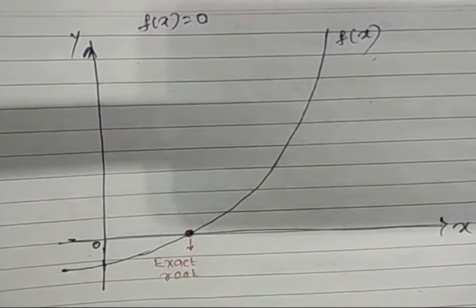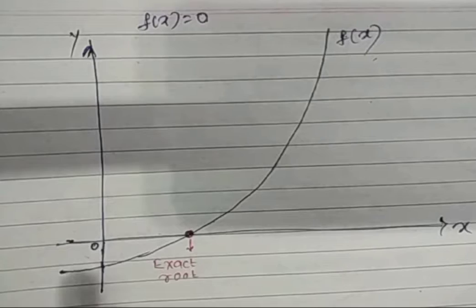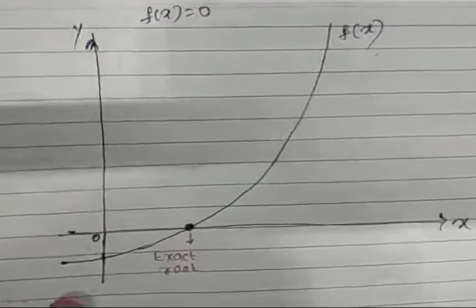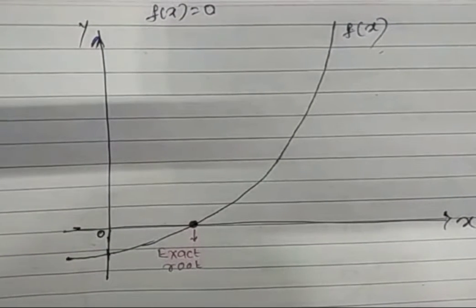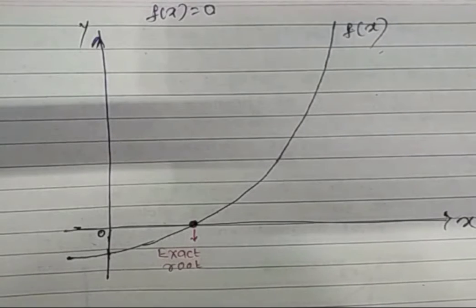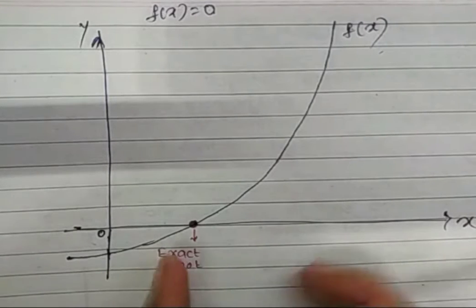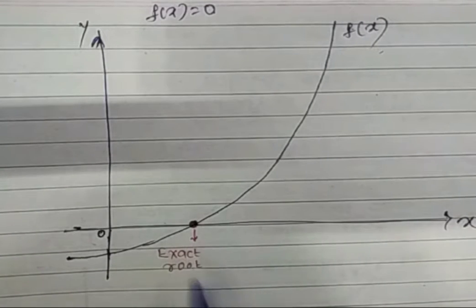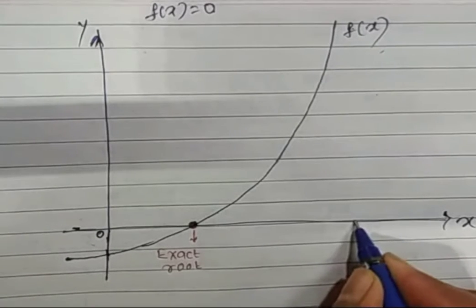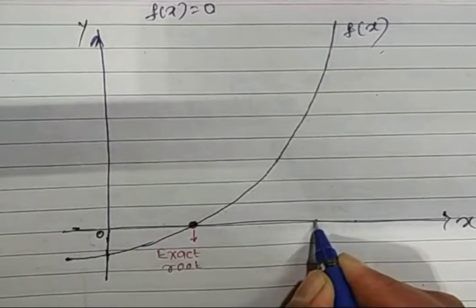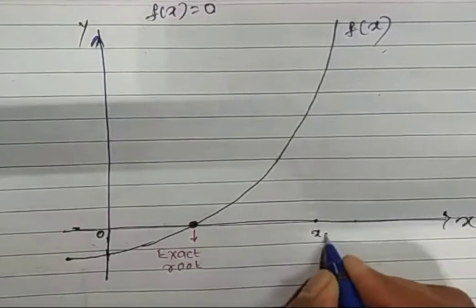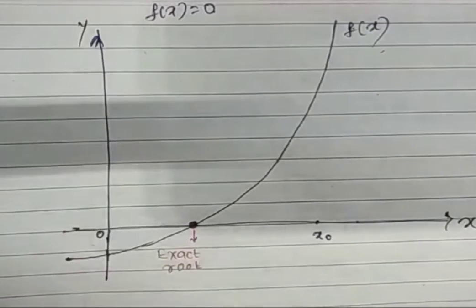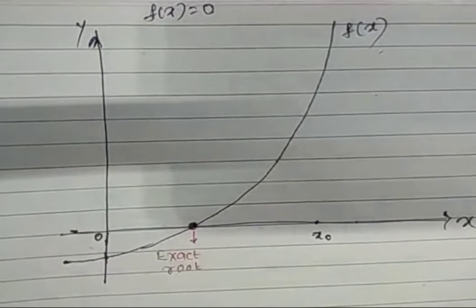In this method, initially we need to consider one particular approximate value which is very near to this exact root. Let us consider one particular point and call it x naught. This x naught is our initial approximation.